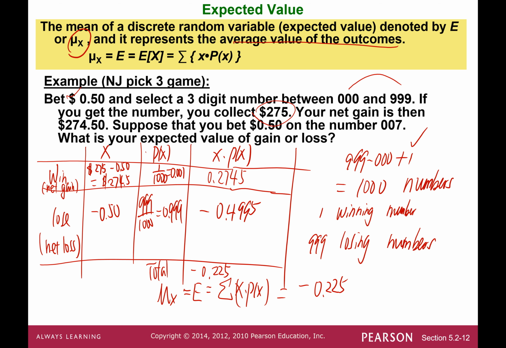Okay. So what this expected value means is every time you play the game, you expect to lose 22.5 cents. This is a dollar amount.